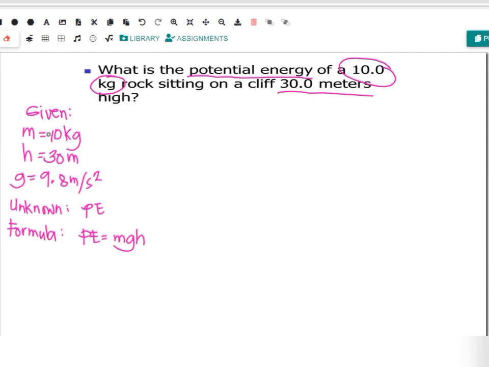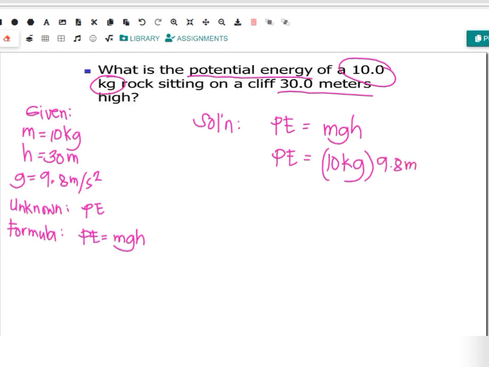All right? And then next, let's try to solve. So for the solution, okay, substitution lang tayo. PE equals mgh. So let's write the values. So PE here, ano yung mass? 10 kilograms. Ano yung G? Tingnan sa given. So G is 9.8 meters per second squared.